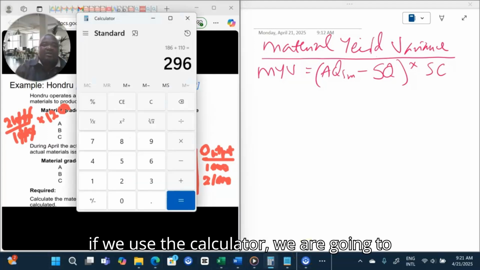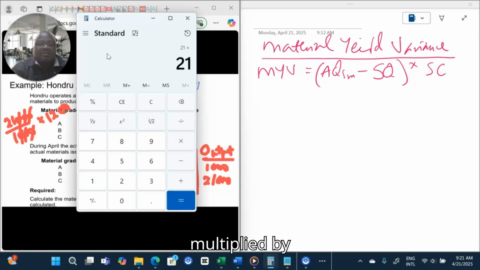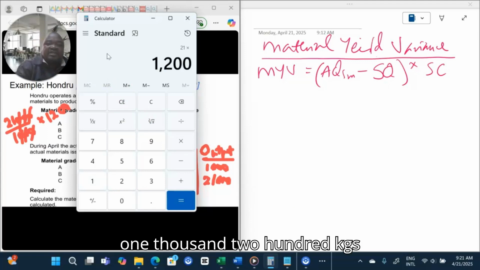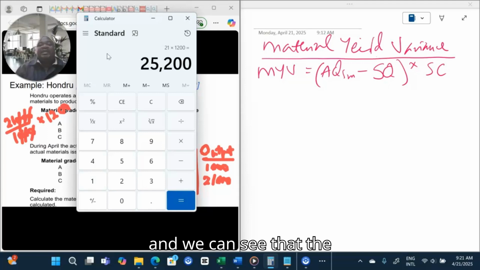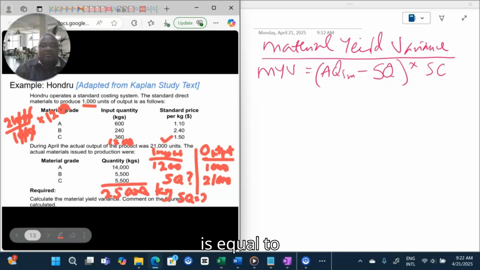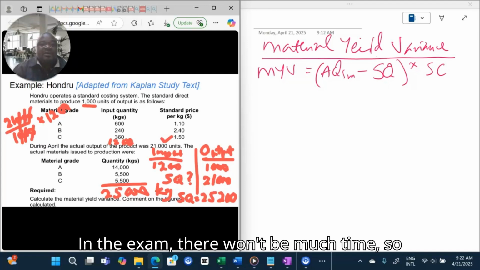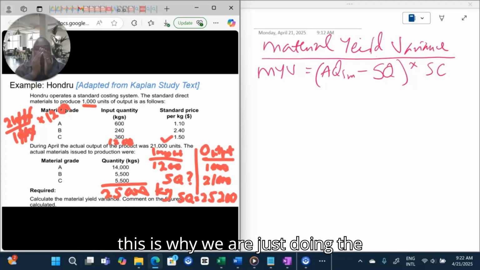And if we use the calculator, we are going to say 21 multiplied by 1,200 kgs, and we can see that the standard quantity is 25,200. So the SQ is equal to 25,200 kgs.